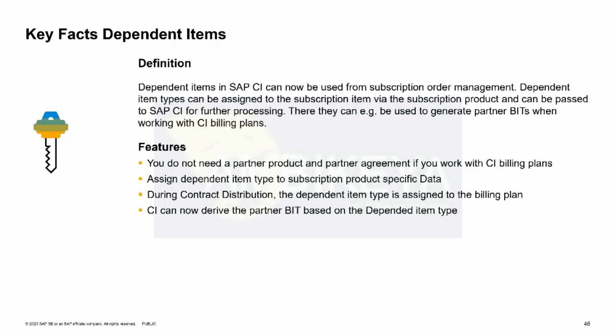So you create a billable item and you can say, if I received this billable item, another dependent item set up on a specific set of rules shall also be created. So a bit can create another bit, more or less. And this is a little bit similar to the partner agreement process, but the partner agreement process needs a partner product and it needs a partner agreement and all that stuff.